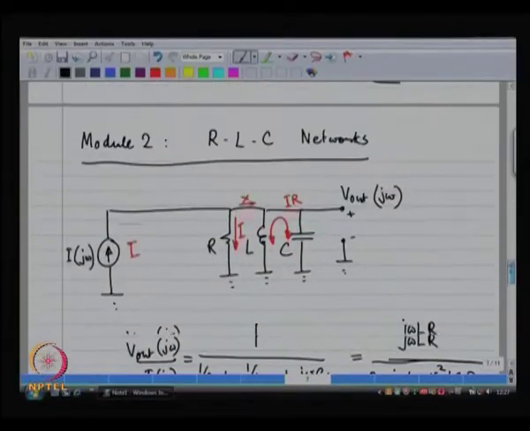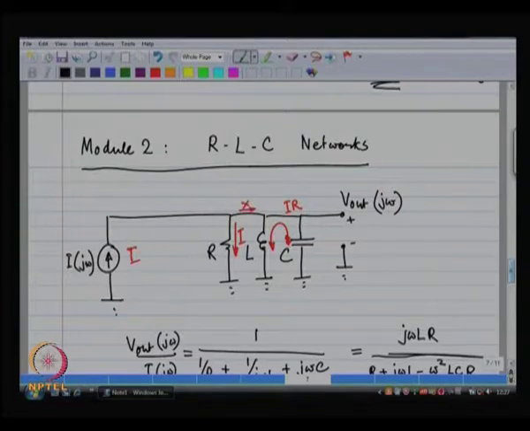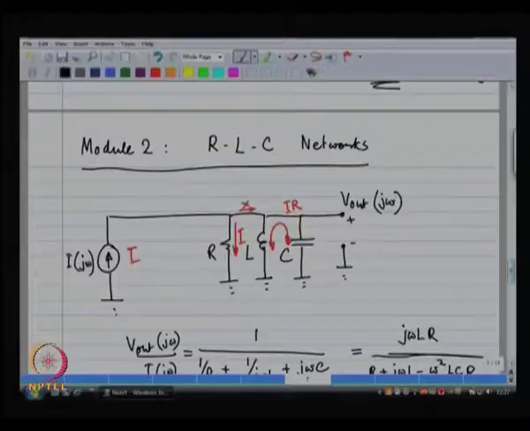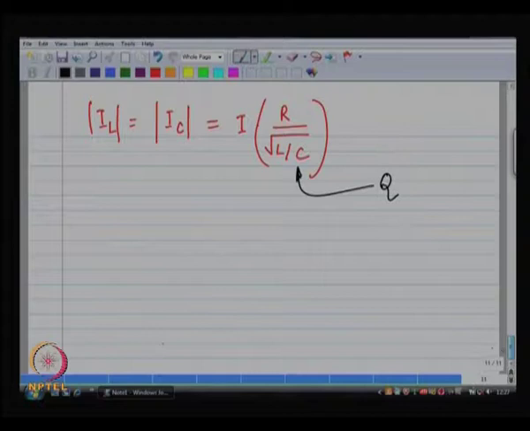If you want this circuit to work well, the parallel RLC circuit to work well, then you want R to be as large as possible, right, in which case your Q is also very large. Okay. So, this is something very interesting.